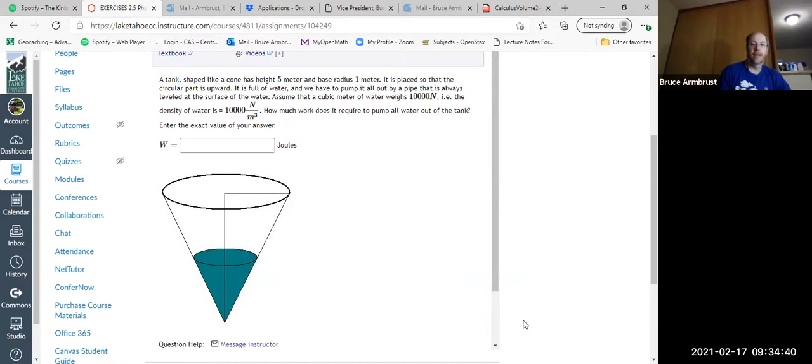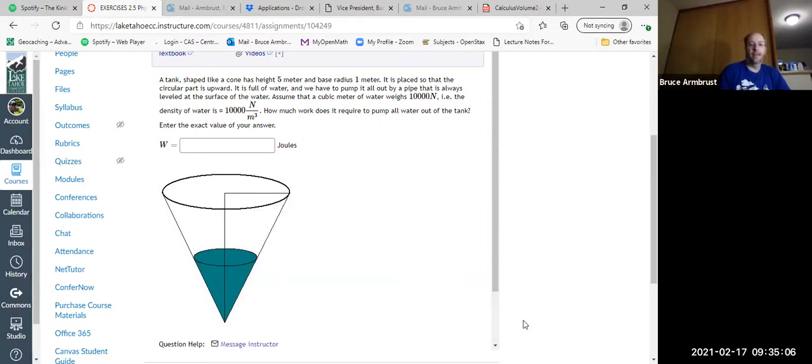Okay, so then we've got a cubic meter of water weighs 10,000 newtons, i.e. the density of the water is 10,000 newtons per cubic meter. Okay, so it's a little bit heavier than fresh water. How much work does it require to pump all the water out of the tank?